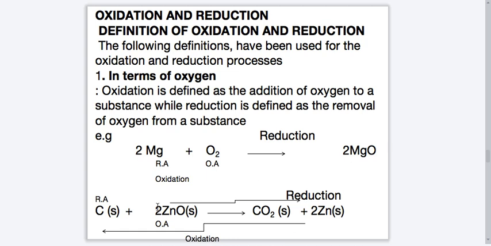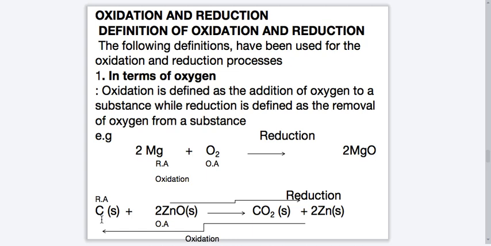The second example here is carbon combined with ZnO to give us CO2 plus zinc. Carbon in this case tries to take away oxygen from ZnO, and that becomes CO2. Carbon becomes oxidized, while ZnO, losing oxygen, becomes reduced.